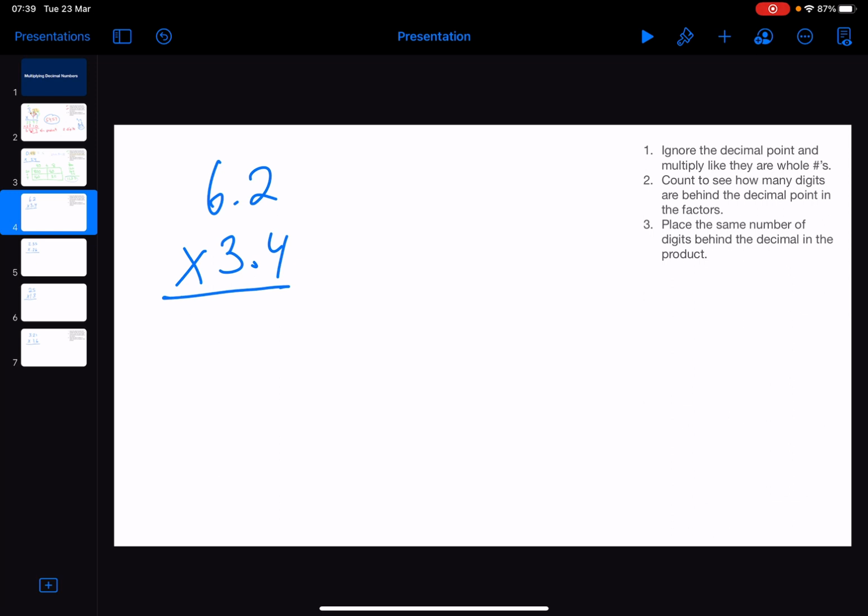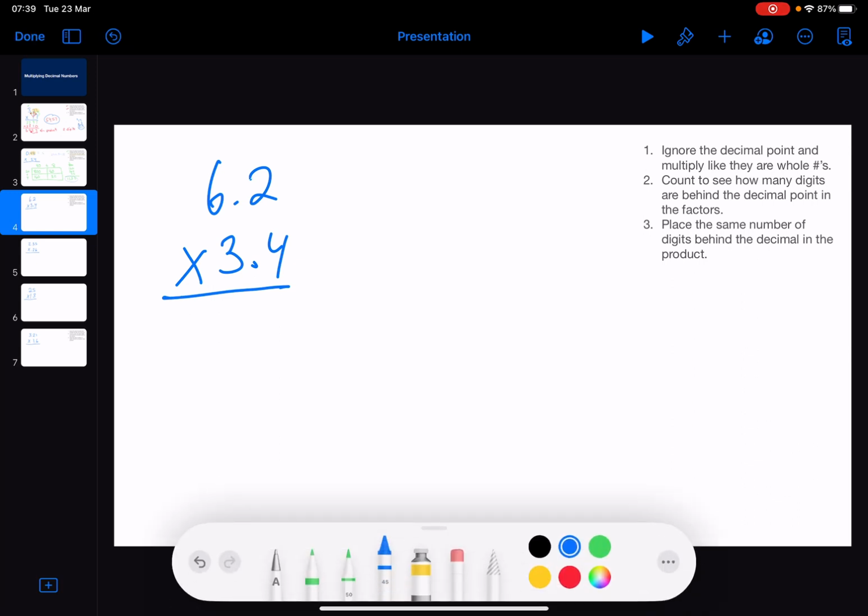So I'm thinking about this. I'm not doing 6 and 2/10 times 3 and 4/10. I'm thinking about this as 62 times 34, right? So I can kind of think about this like multiplication wrestling.